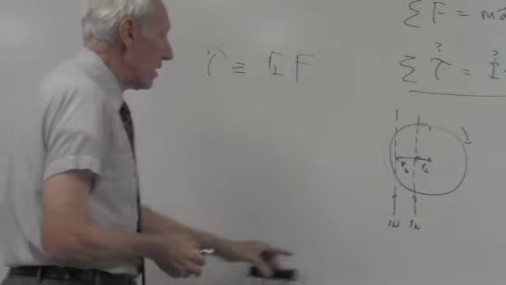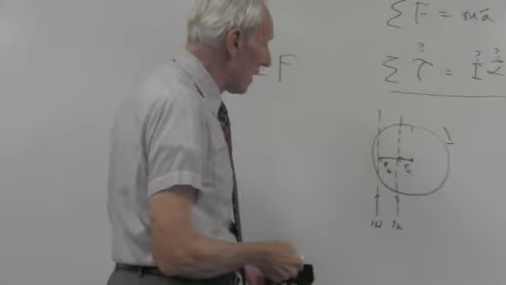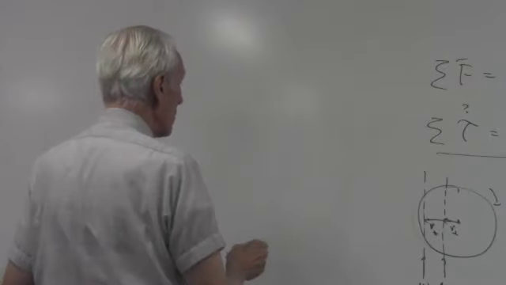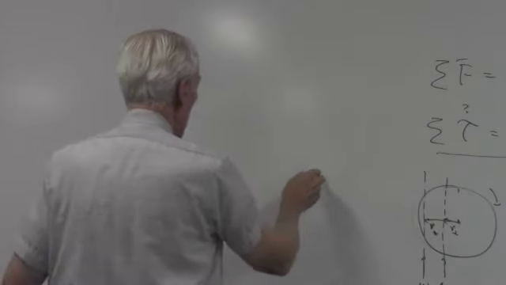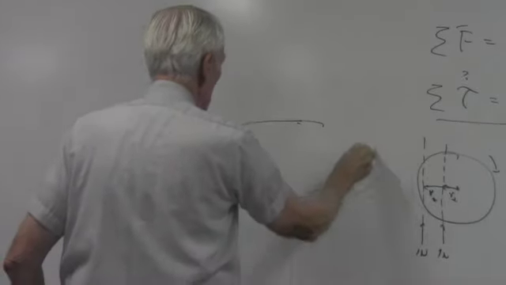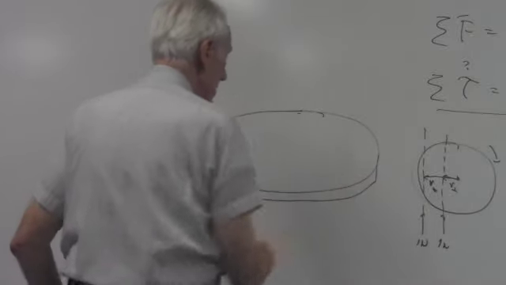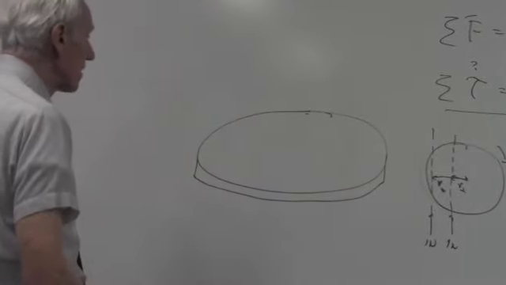So we're going to apply a 1 Newton force to this rotatable object. The object we're going to rotate is, let me try to draw a sort of three-dimensional sketch of it. It's a big plastic disc that has a mass of something like 900 grams, 0.9 kilograms.